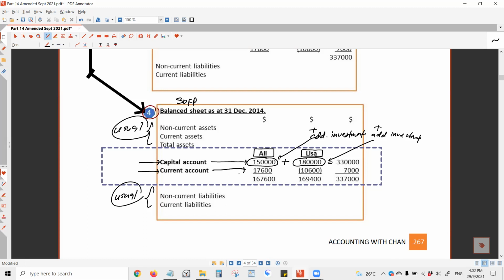For current account, it's also very simple. Where do you get the numbers? For capital account, you can get from the question. For current account, you have to see the current account that you prepared earlier. Are these two numbers familiar? Yes. 176,000 comes from where?